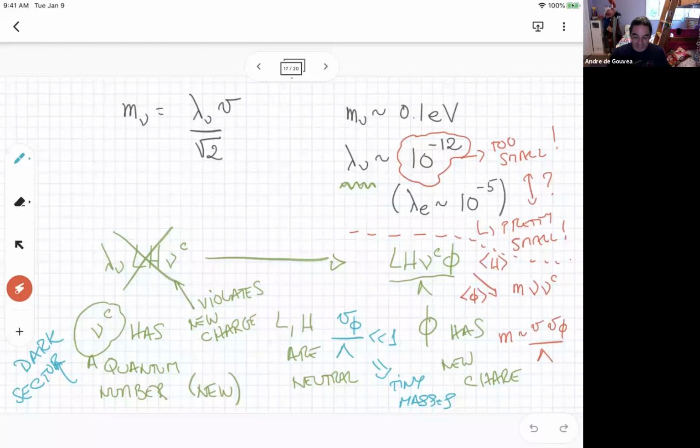But you can work on this. This happens, for example, in what's called the mirror world models. If you ever heard about that, you can see things that start to smell like this kind of higher dimensional operator. Okay, other question.